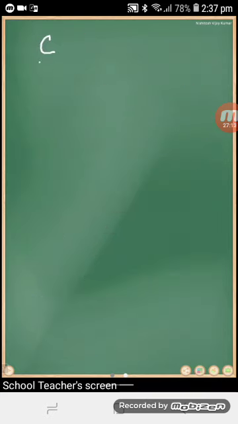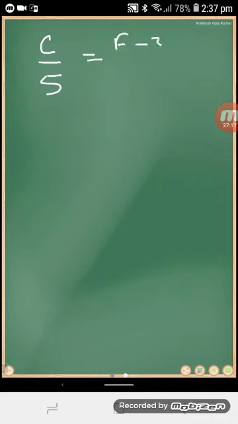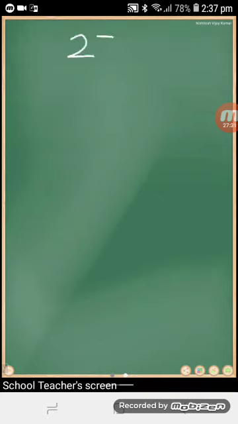This is C by 5 is equal to F minus 32 upon 9. This is between degrees centigrade and Fahrenheit. Now, what is this 273?